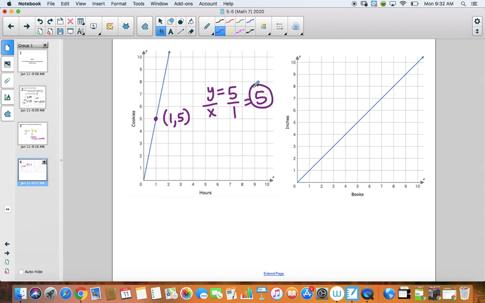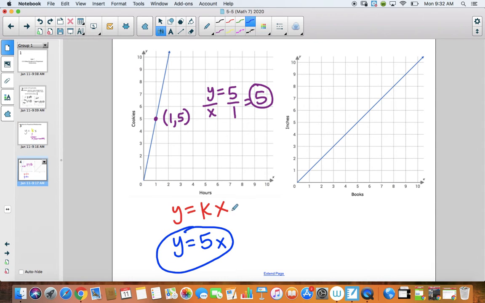So it's 5. So my constant of proportionality is 5. Well, my equation for proportional relationships is y equals kx. In this case, 5 is k, so my equation is y equals 5x. All I'm doing is I'm taking that k out and I'm replacing it with what our constant of proportionality is.